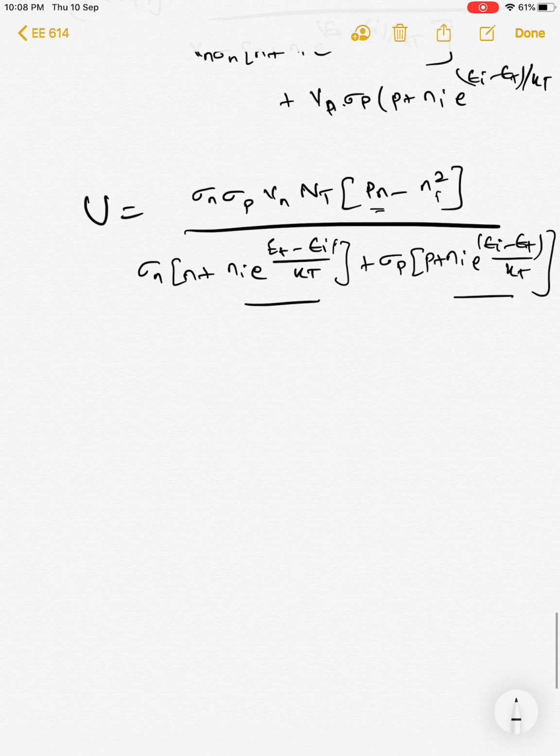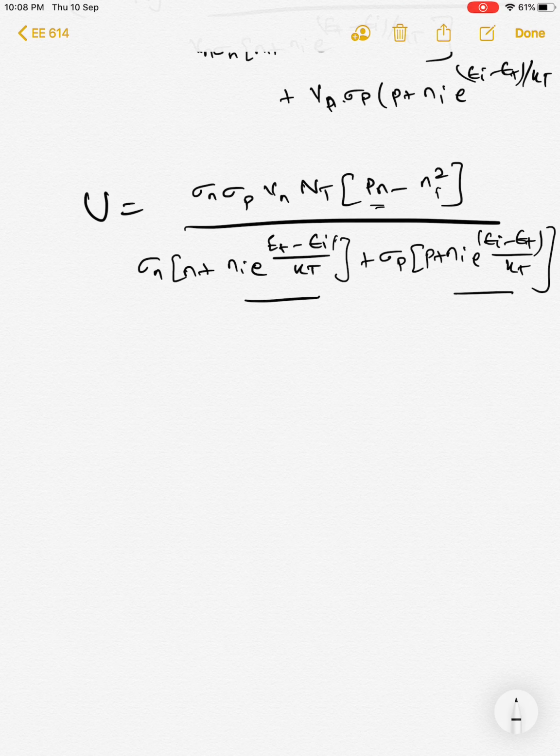So let us say we have an n type semiconductor where n is approximately equal to nd.